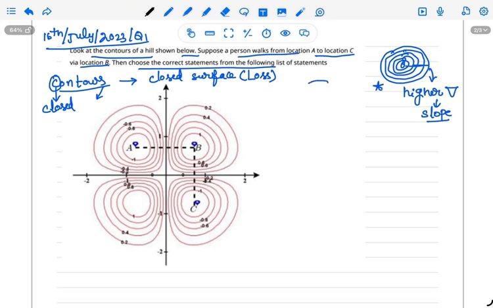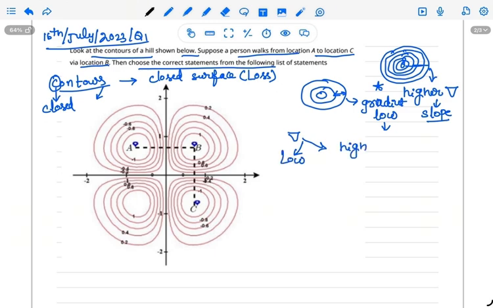If the contours are very far apart like this, that is, the distance between these two contours is large, then at that place the slope, that is the gradient, has low values, that is smooth surfaces. Gradient has high values and low values.